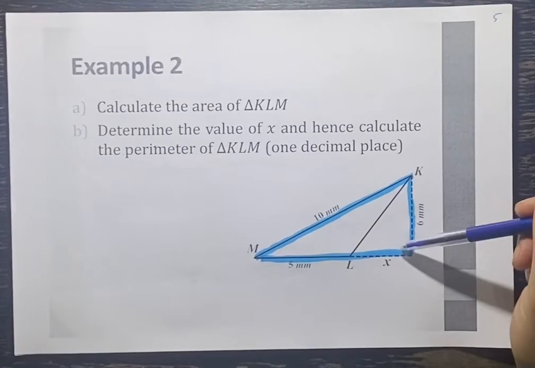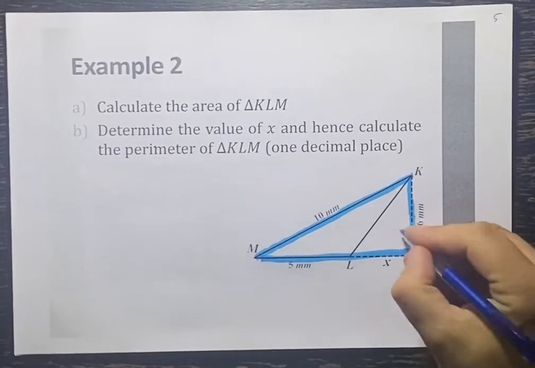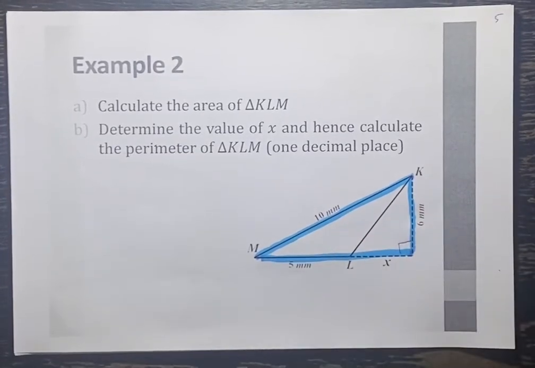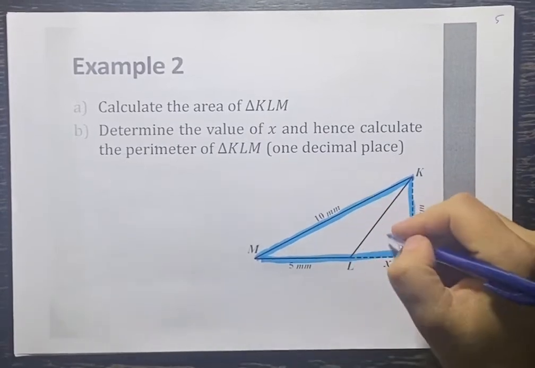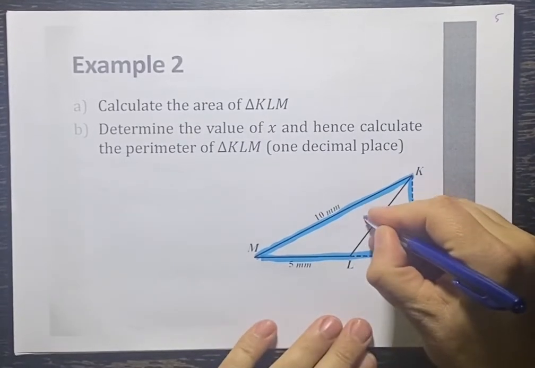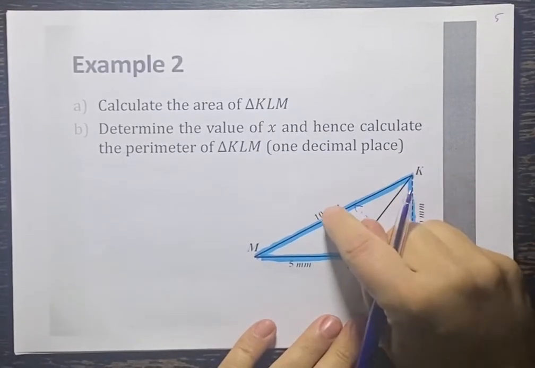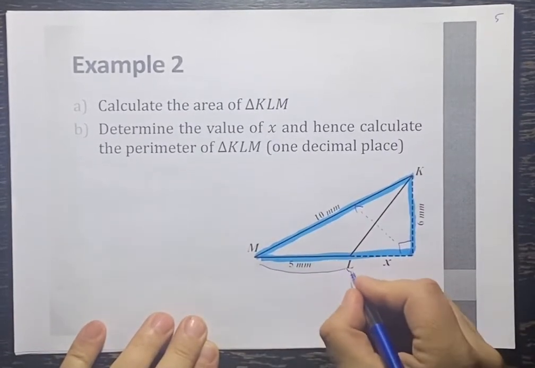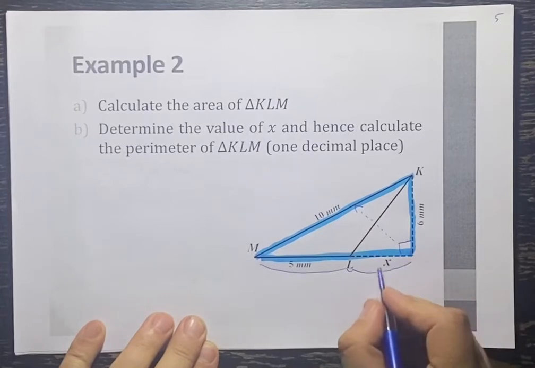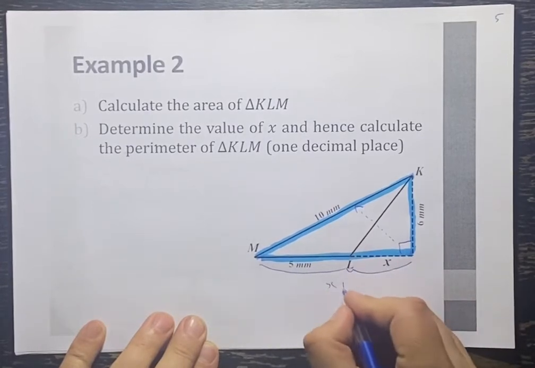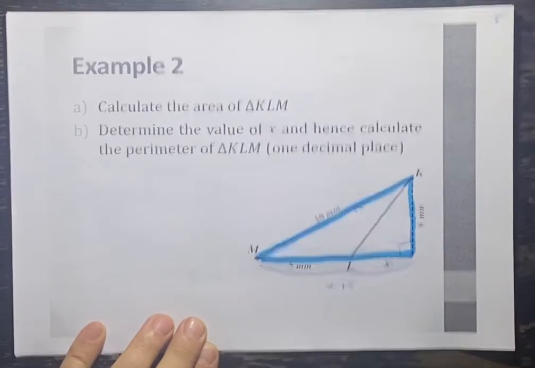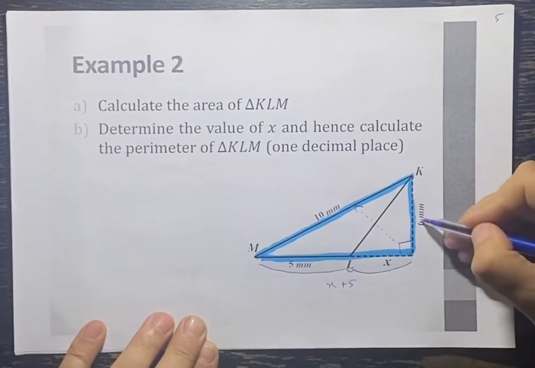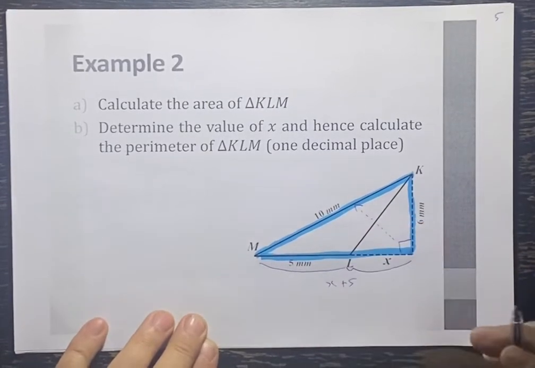And what I know is, I know that's 90 degrees. So I can use Pythagoras, okay? And remember that this is the side opposite the 90, so this is the hypotenuse. So the length of this side in total would be x plus 5 for whatever value x is. The length of that side is 6 and the length of that side is 10.